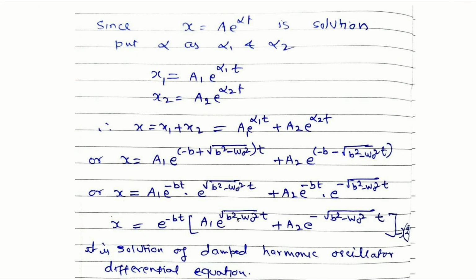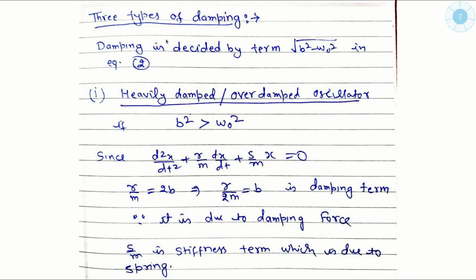From this solution of the differential equation, we will find three cases of any mechanical harmonic oscillator. We will get three cases, that is, the types of damping.